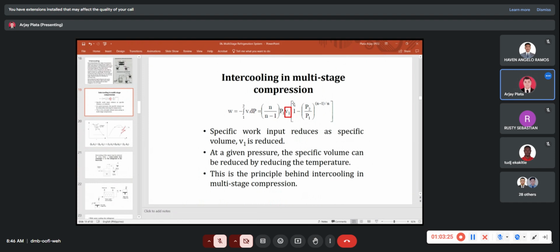We have this equation for the work of the compressor. Specific work input reduces as specific volume is reduced. At a given pressure, the specific volume can be reduced by reducing the temperature. This is the principle behind intercooling in multi-stage compression.